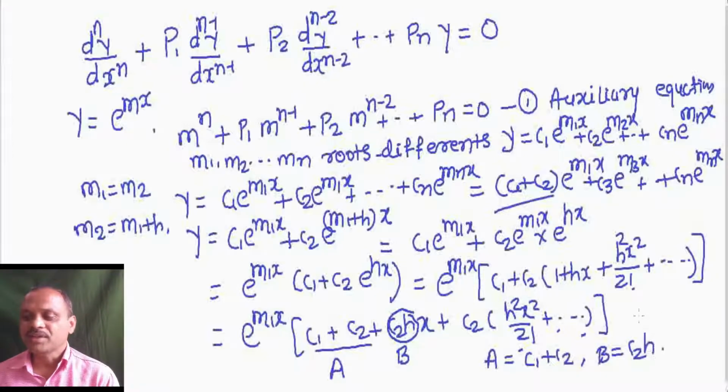That means we take A equal to c1 plus c2, another constant, and B equal to c2 times h. Likewise, suppose for example c2 is equal to 5 and h is equal to 3, then 5 into 3 is 15.